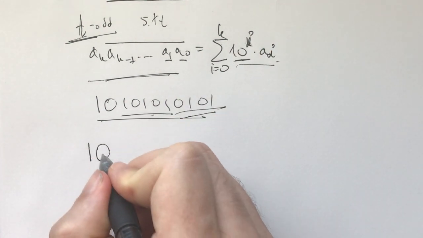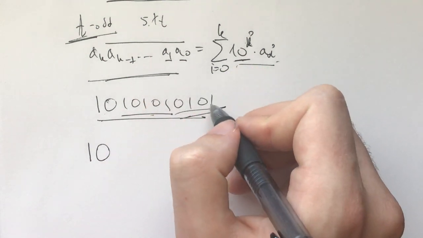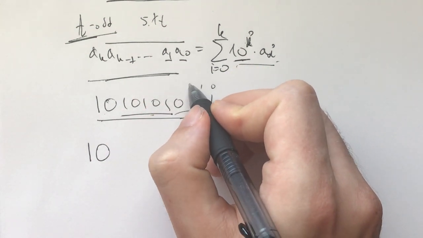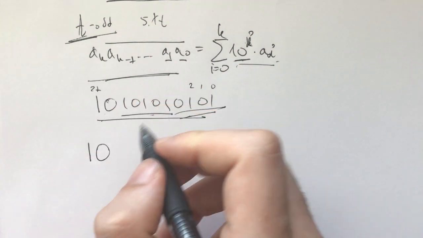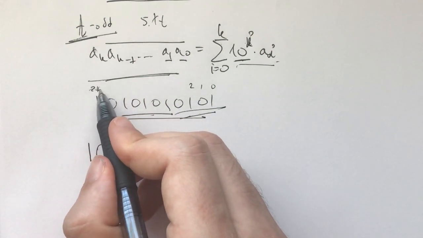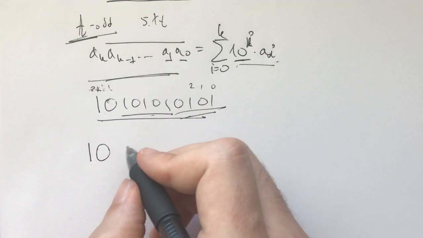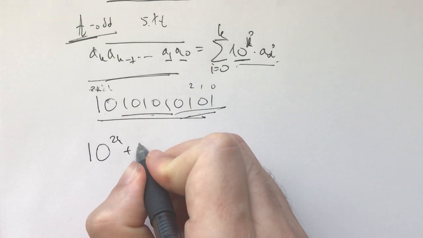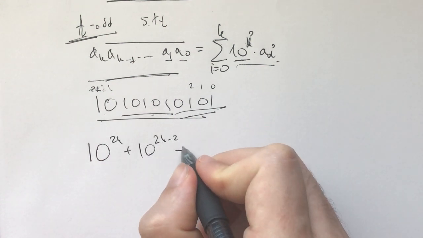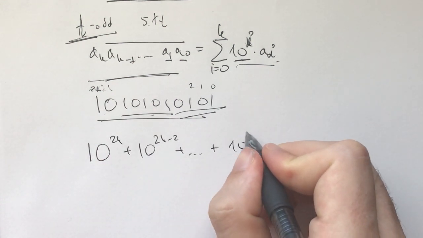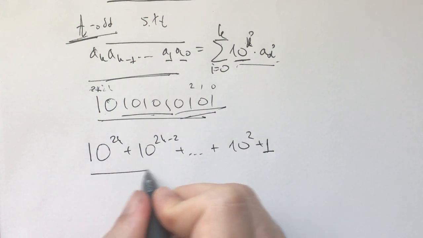So how many digits are there? This is going to be the 0th, the 1st, the 2nd. So an even number, actually 2 times some k. So it's going to be 10 to the 2k plus 10 to the 2k minus 2 plus all the way till 10 squared plus 1. So what is this?